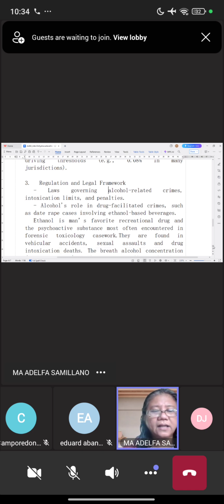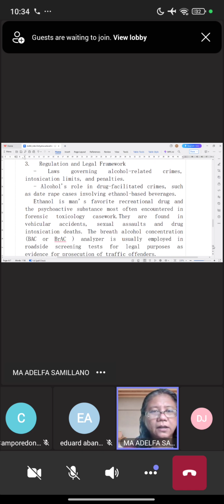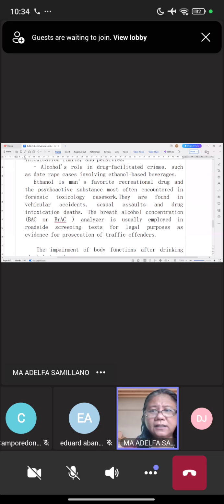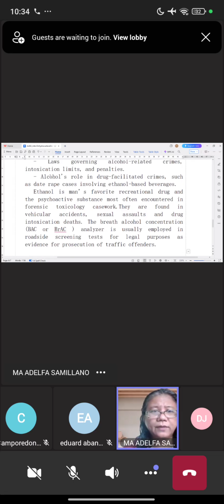Kaya gina-regulate ang alcohol intake, because it has been proven that alcohol is instrumental in drug facilitated crimes, no. So alcohol consumption per se is not prohibited, no. Hindi siya mala in se or abhorrent nga hilimuon, because our bodies also need alcohol, no.